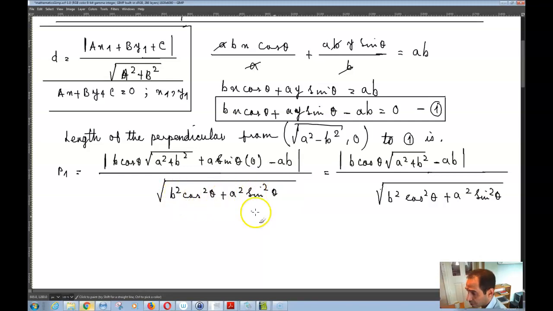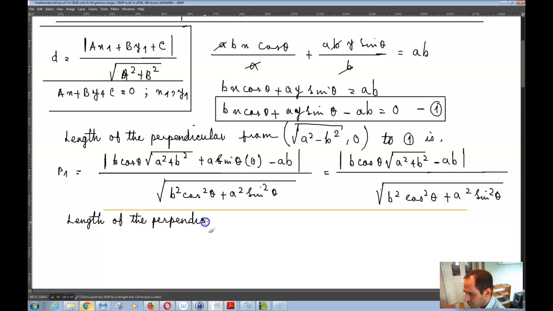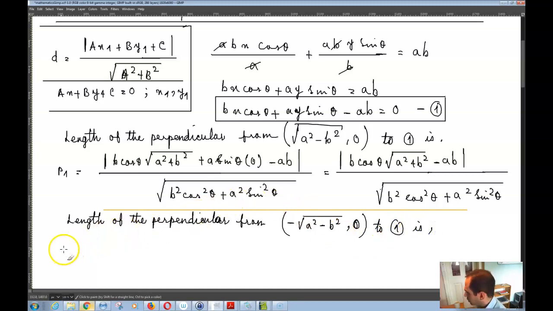And now the length of the perpendicular from the other point, which is negative square root of a squared minus b squared, comma 0, to the line, call it for example P2, is equal to, so the only thing that changes here is the point, meaning that you get the negative sign here.